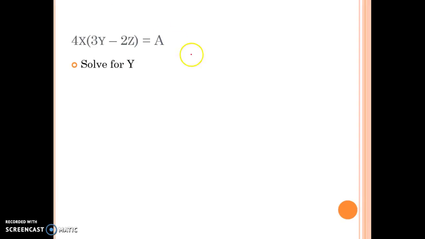Be able to solve equations for different variables if presented with something such as this.